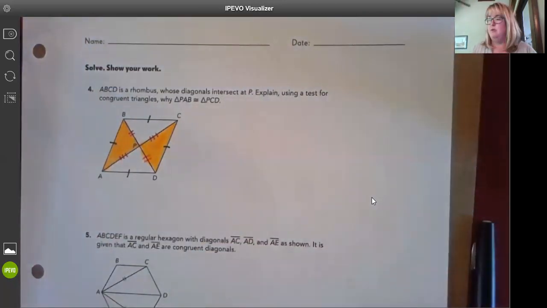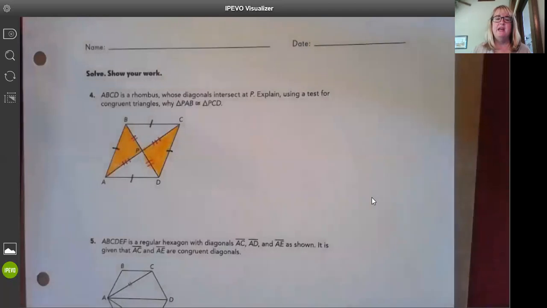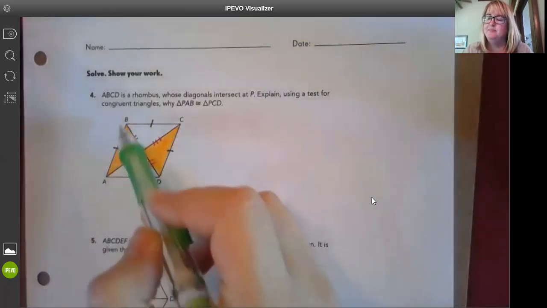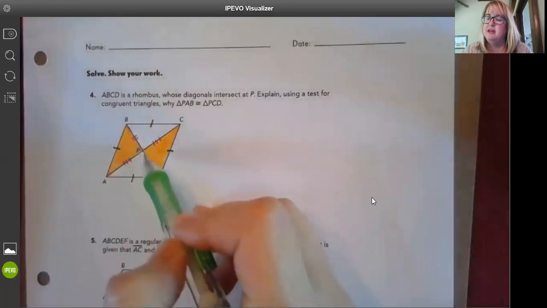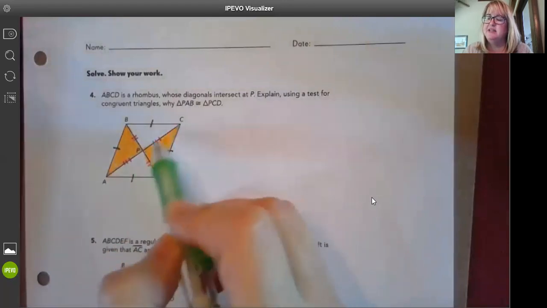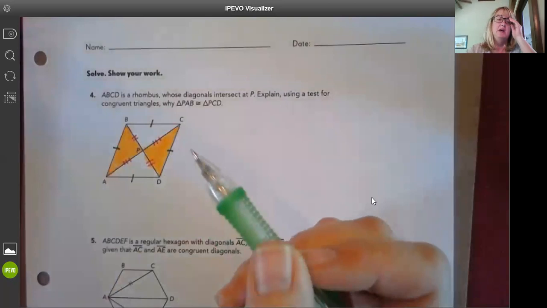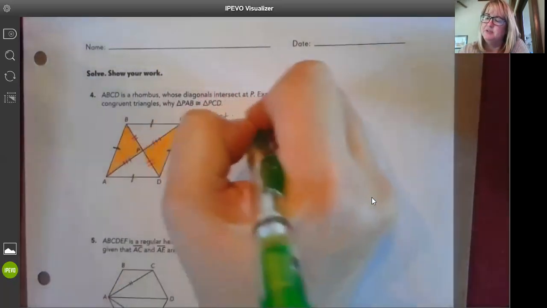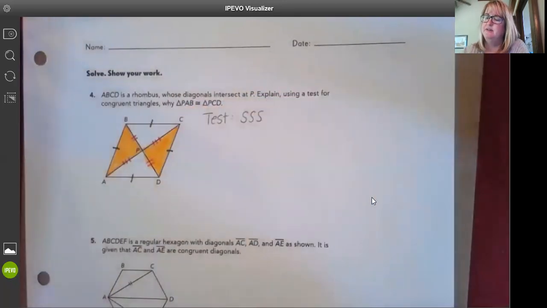So I know now I've got two triangles with three side lengths that are the same. BP and PD are the same, and CP and PA are the same. So the test we used was side, side, side, okay?